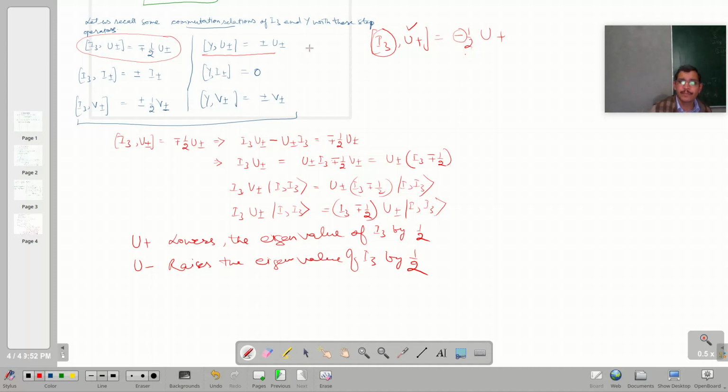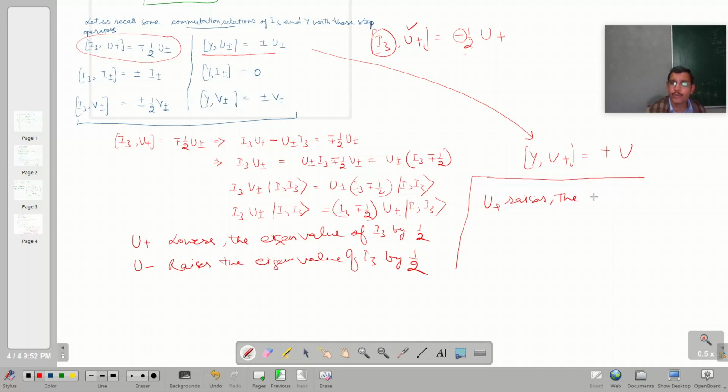And similarly, if I try to look at this, then what will Y with U+ equal to plus U+ do? Let me explain it on similar lines. A very important point is that U+ raises the eigenvalue of Y by 1.